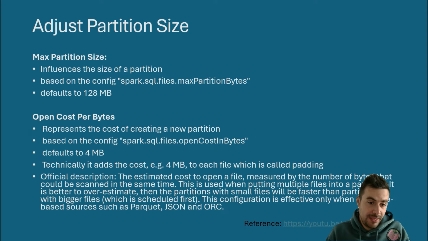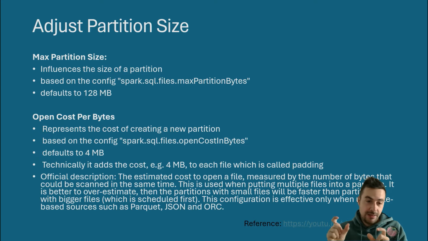Open cost in bytes instead is a cost which is added to a file. So basically it says to load a small file, it's going to cost me that much time, assuming that my file is 4 megabytes bigger. So that means if we now have kilobyte files, and in total the file size is 128 megabytes, it will not all go into one partition, even if it's below this value.